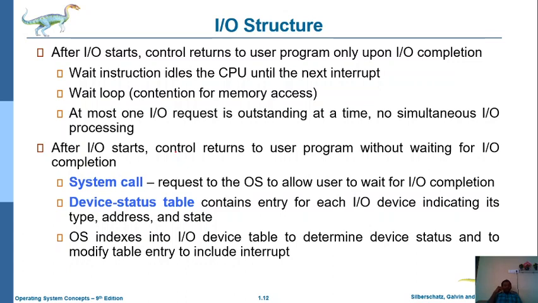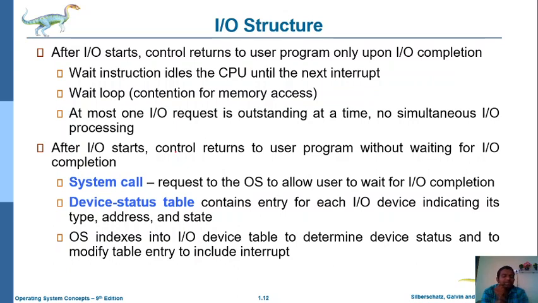And here one more thing is we also use a device status table. The device status table is nothing but something that has an entry for each IO device. Just like some buffer memory, it maintains all the IO entries as a buffer pool or some memory, just like a table format.